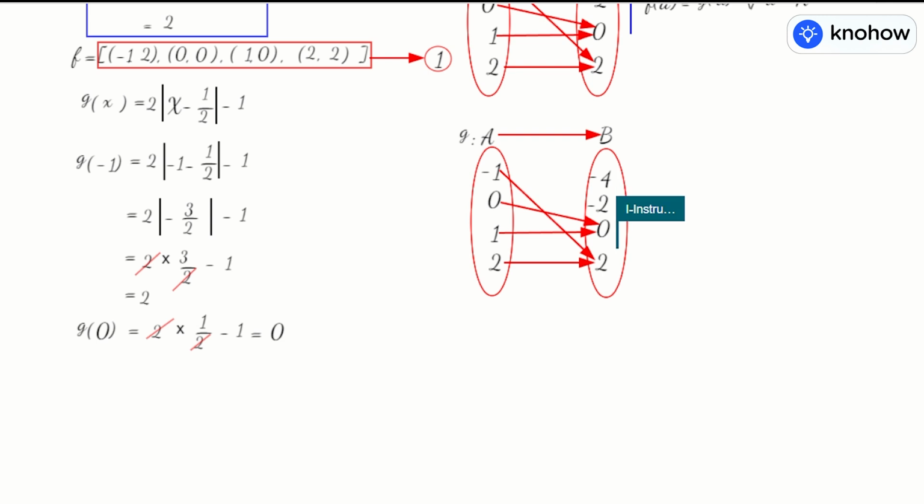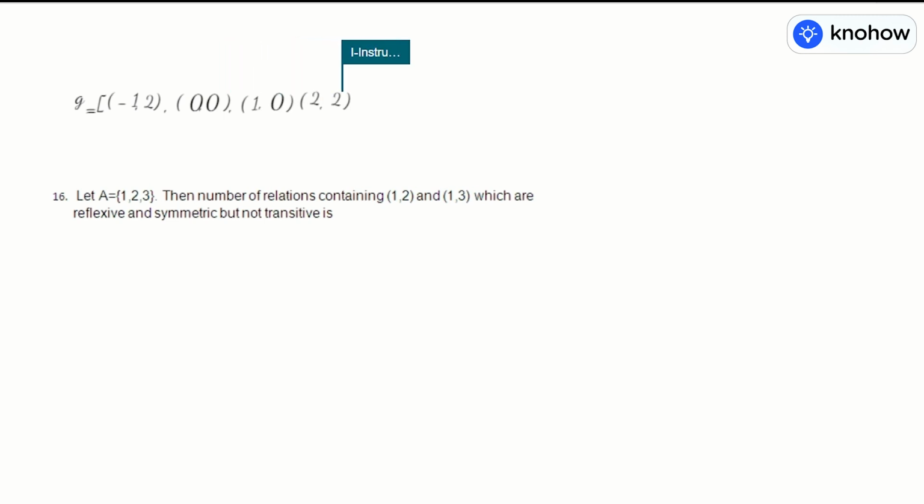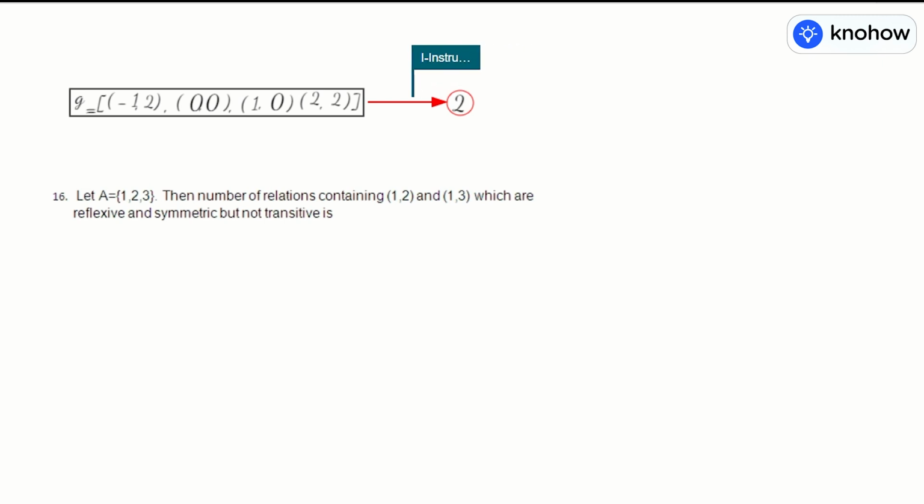Now write all these elements of g in roster form. It is (-1, 2), (0, 0), (1, 0) and (2, 2). Now you compare the functions f and g.